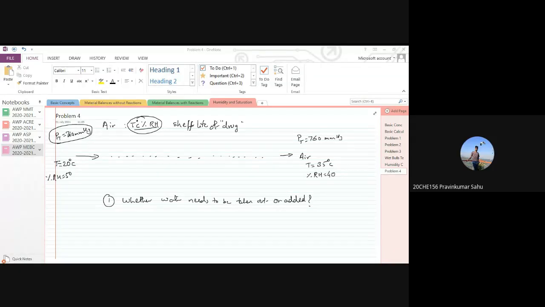Sir, add water. We need to add water vapor, right? Yes, sir. Liquid water, if I add, it will just evaporate. So that is one answer. Any other answer? Sure, we have to add water vapor.